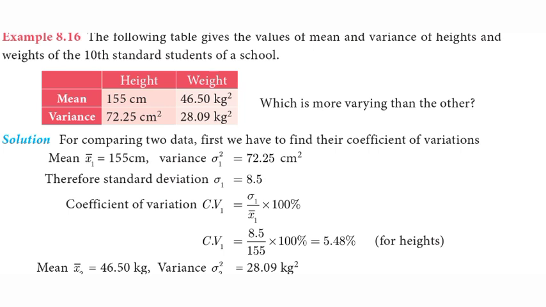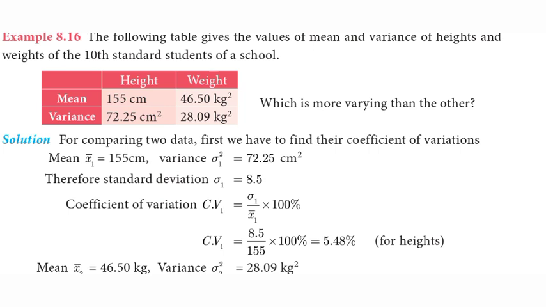Therefore CV1 equals sigma 1, 8.5, divided by x bar 155, into 100 percentage. 8.5 divided by 155 equals 0.0548. Multiply 0.0548 into 100, that equals 5.48 percentage for height.